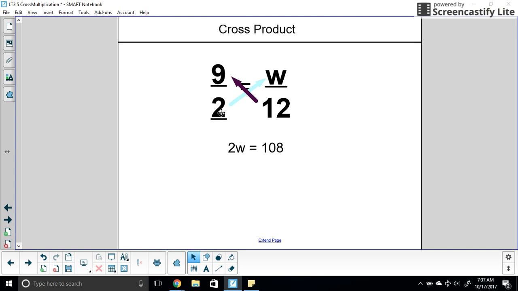I know these are pretty easy, by multiplying and then dividing, but please show your work so you know what you're doing. Tomorrow and Wednesday, we will be doing cross product and distribute, so it's going to get a little bit more difficult. So 2 times W is 2W, 9 times 12 is 108, divide by 2 on both sides, W equals 54.